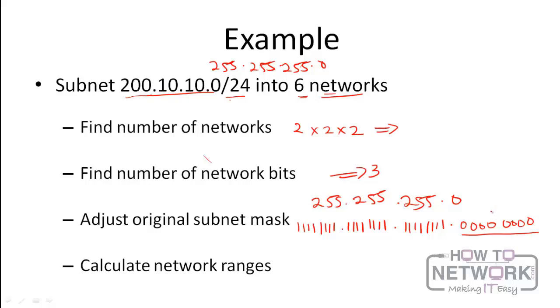So we're trying to reduce the number of host bits so we can have more networks. And since we have determined the number of network bits that we need, which is 3, that means the first 3 host bits will become ones. So our new subnet mask would actually be 11111111.11111111.11111111.11100000.